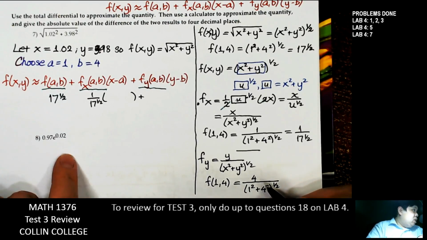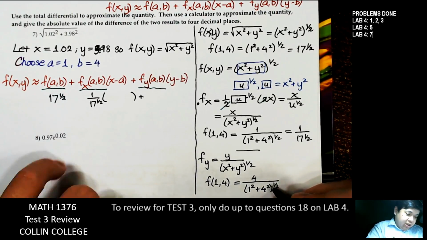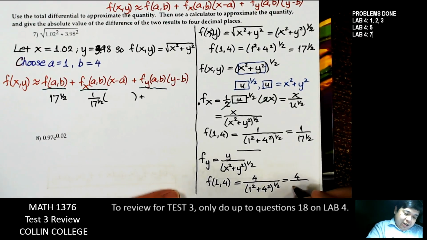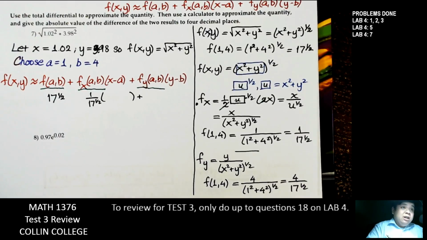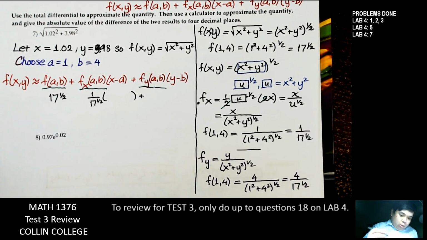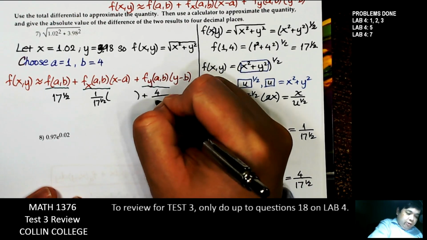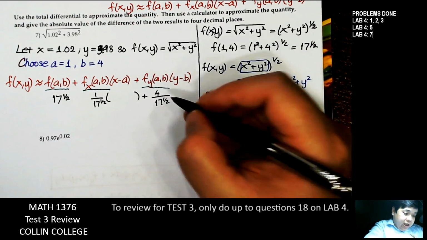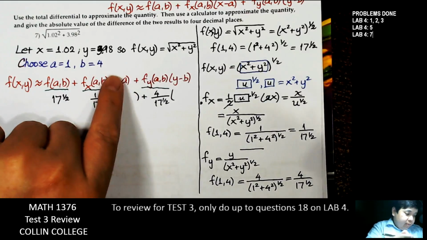Don't worry, this next problem doesn't take as much space. So it will be 4 over 17 to the 1/2 for the derivative with respect to y.